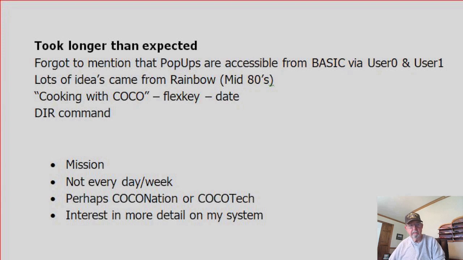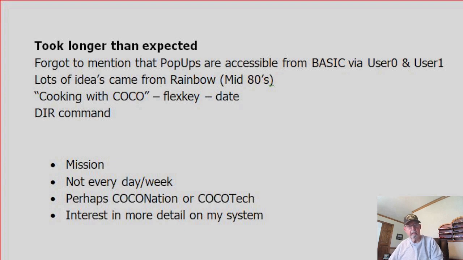Okay, I'm back. This has taken a lot longer than I expected. I originally thought maybe 5 or 10 minutes, and we're well over 20 minutes now. One thing I forgot to mention is that the pop-ups are accessible from BASIC also via USR 0 and USR 1, if I remember correctly. A lot of these ideas or things I demonstrated weren't necessarily my original ideas. A lot of them come from Rainbow during the mid-'80s.